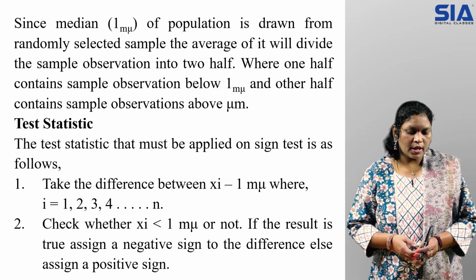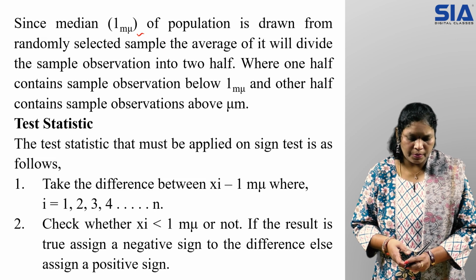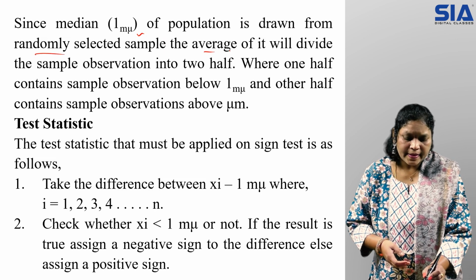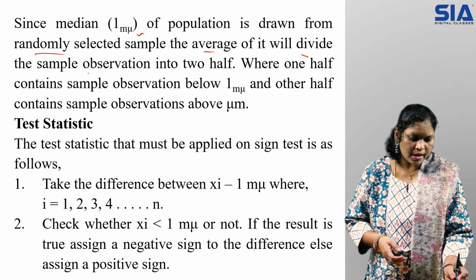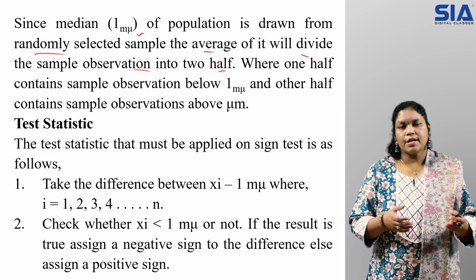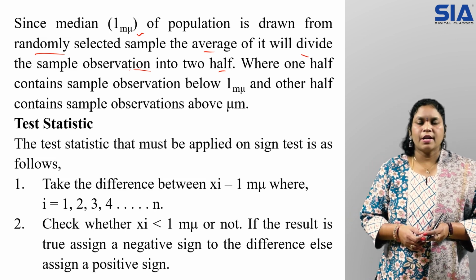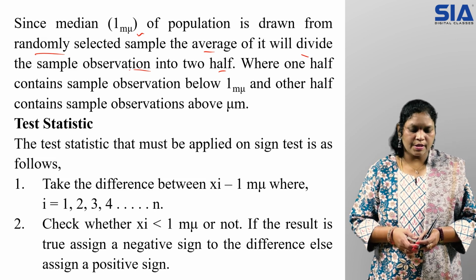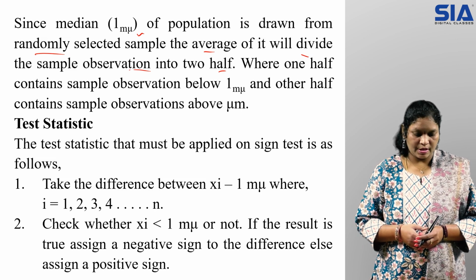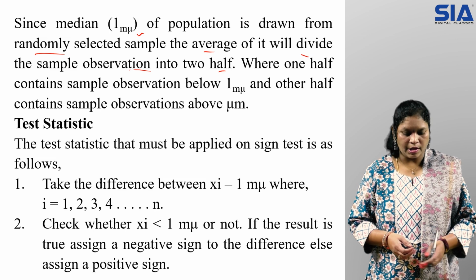Now next, let us check it out. Since the median mu of the population is drawn from a randomly selected sample, the average of it will divide the sample observations into two halves. That is what we have considered, equal importance, half and half, so 0.5 is what is specified here.